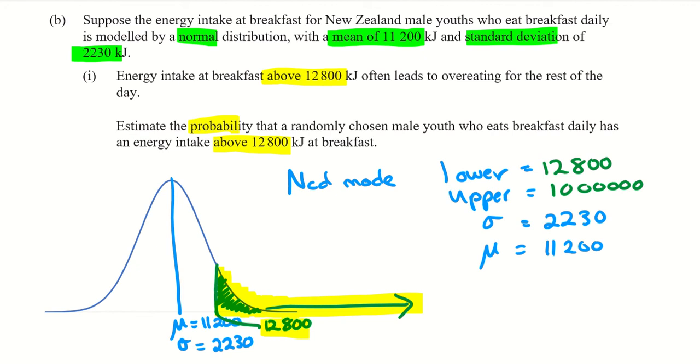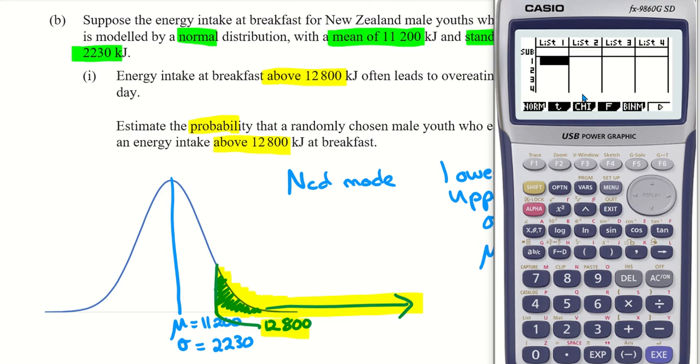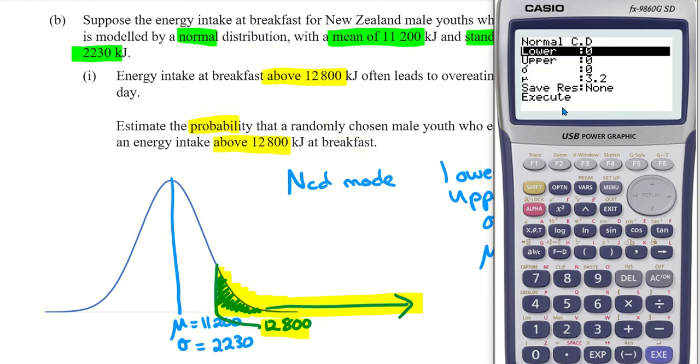Now I'm going to go and get my calculator, and I am going to go distribution, normal, NCD mode. I've got my lower of 12,800, my upper, just a big number. My standard deviation was 2,230, and my mean is 11,200.